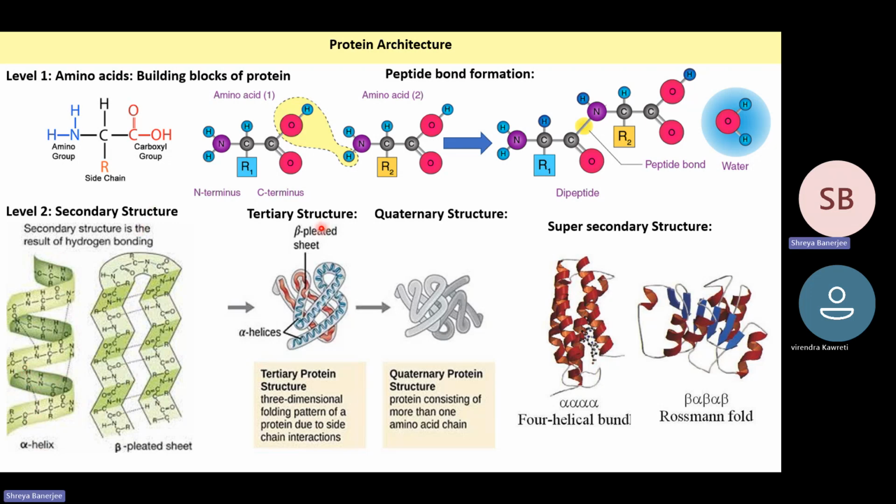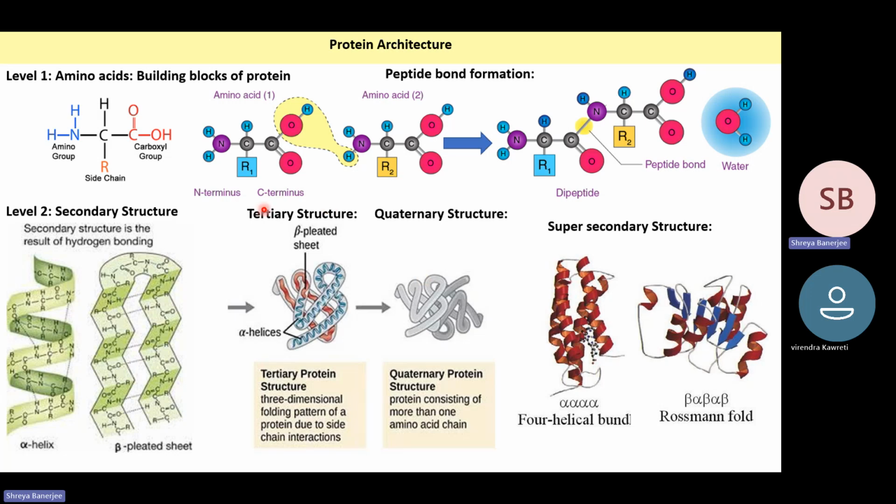The third level of organization is the tertiary structure, where different secondary structures come together and are folded together and held by side chain interactions. And from there we get the quaternary structure, where more than one amino acid chain is held together by hydrophobic interactions or other non-covalent interactions.